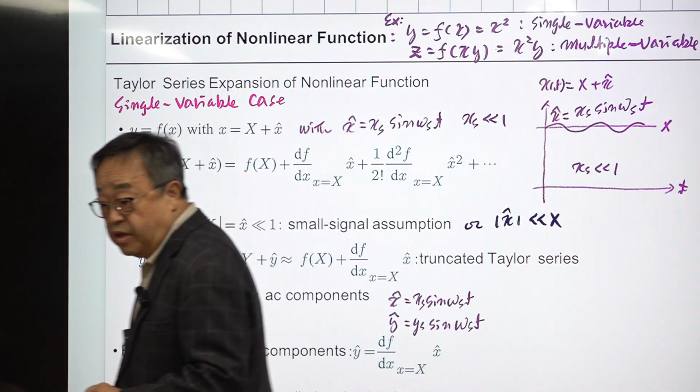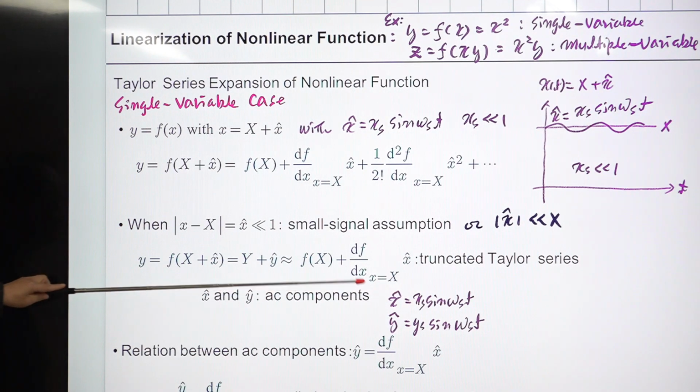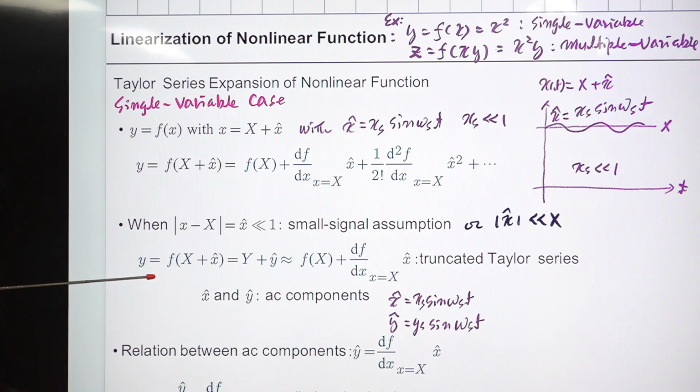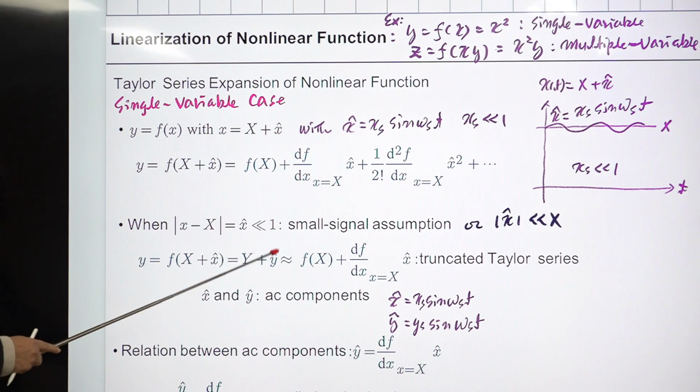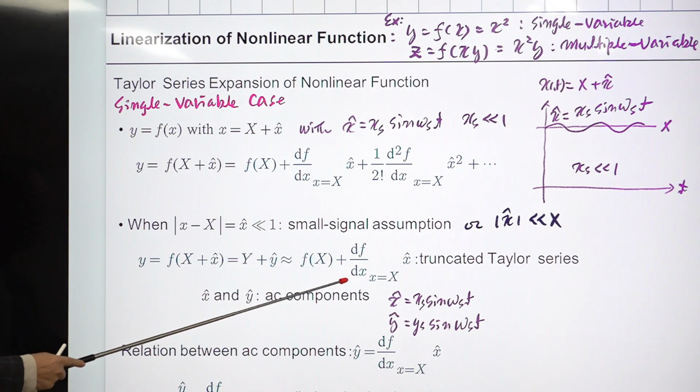Okay, so this is the truncated Taylor series, and Y, and X is large X plus small x, DC X plus AC x. The same is true here. Y can be decomposed into a DC component and an AC component. Then we have this, and we just equate this one and this one.